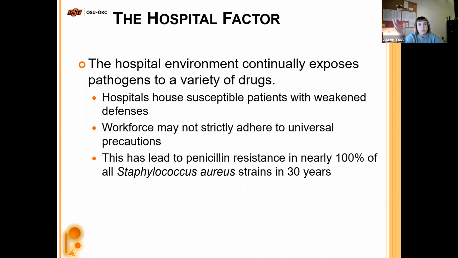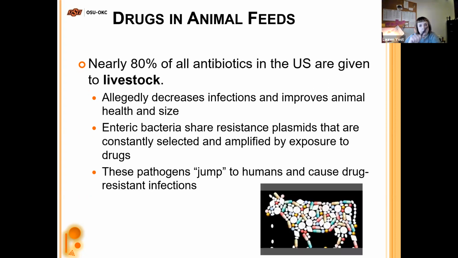Sometimes you just forgot to wash or whatever. That's all it takes to carry it over to another room. And this will lead to penicillin resistance, and that has led to penicillin resistance in nearly 100% of Staph aureus strains in 30 years. So pretty nuts.